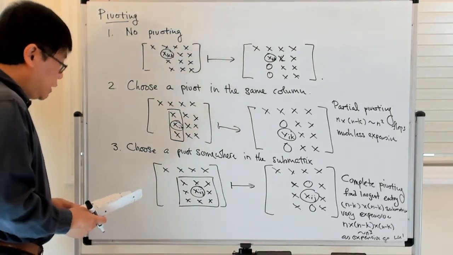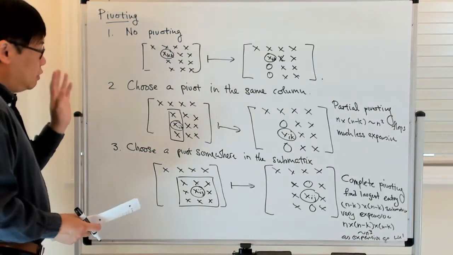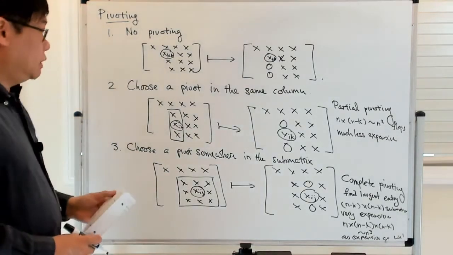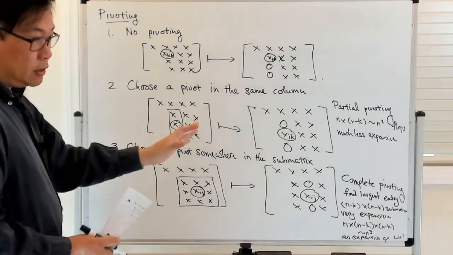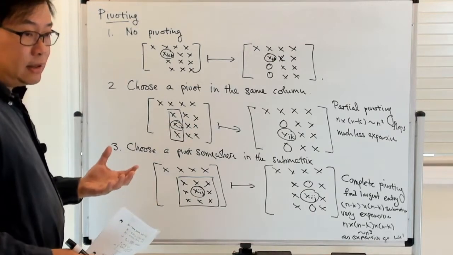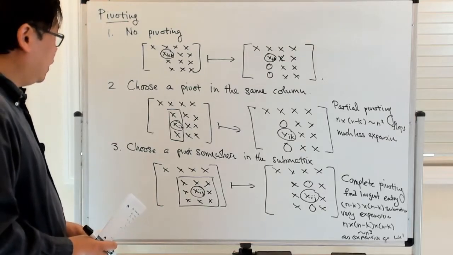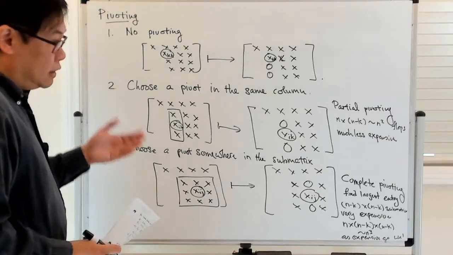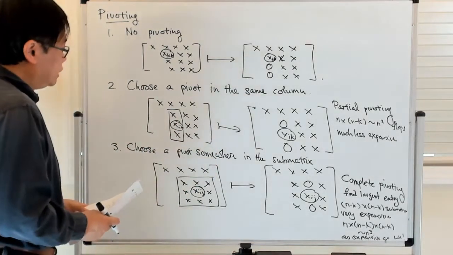So that's what people do in general, partial pivoting, where we essentially reorder the equations. If you recall, one of the things we've looked at before is using matrix products to realize the effect of elementary row operations. This is how we realized Gaussian elimination as matrices acting on the coefficient matrix.